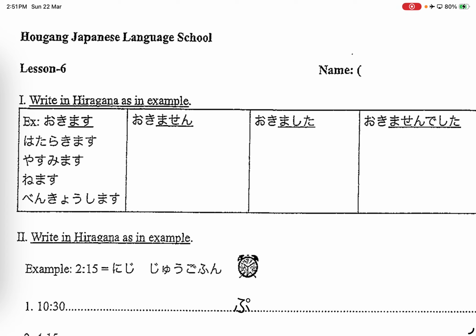Then the last one is benkyou shimasen deshita. Right? So basically we just need to remove the masu only. So the masu is shimasu, we just keep the shi, we change the masu. Right? So the masu becomes masen deshita.